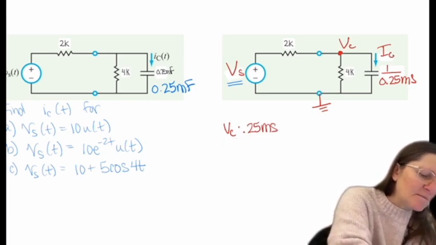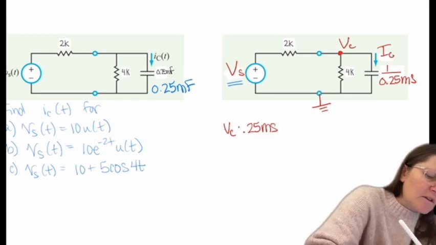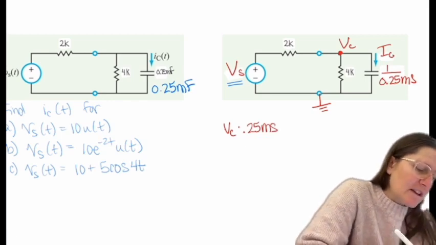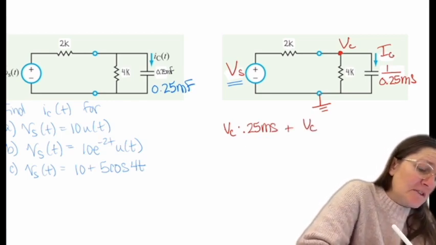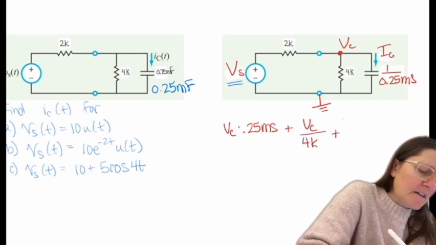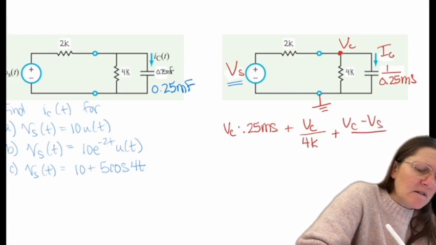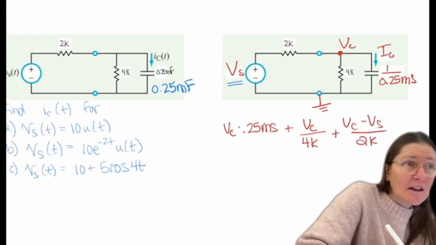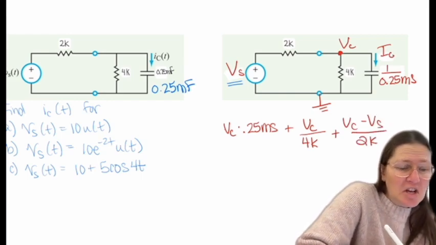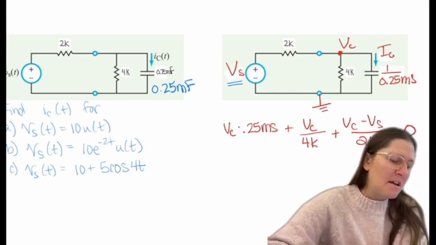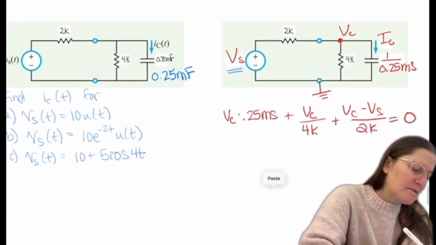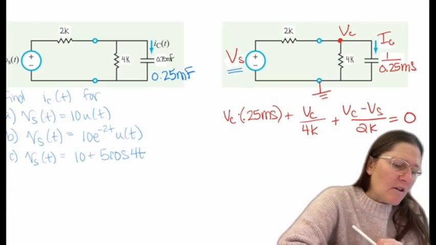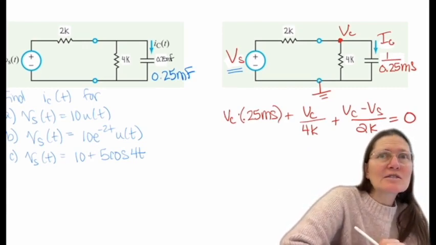So VC times 0.25 ms, then VC over 4k, and then plus VC minus VS over 2k, equals 0. Correct. Yep, so there's your equation, and this is to solve for VC.